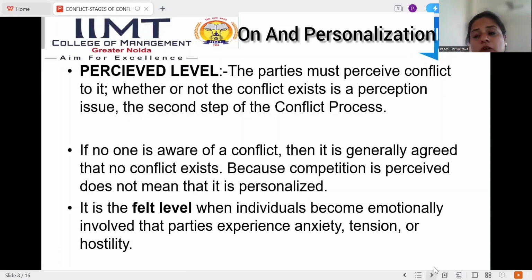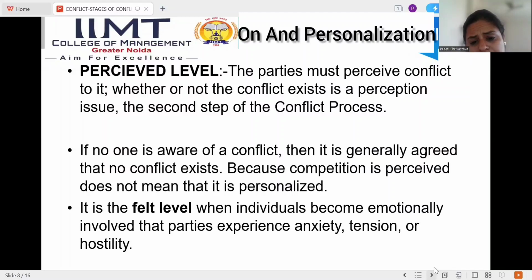So, in order for the conflict to arise, it is necessary that the party must perceive that there is something wrong with the other side. If no one is aware of a conflict, then it is generally agreed that no conflict exists. Because conflict is perceived does not mean that it is personalized.